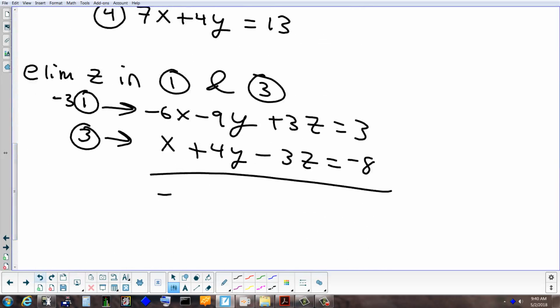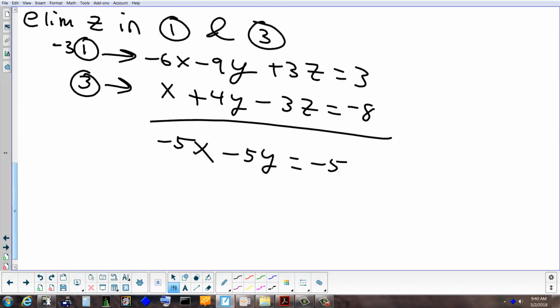Okay. So add them up. Negative 5x. Negative 9y plus 4y gives me negative 5y equals, and then 3 minus 8, negative 5. Now, if we wanted, we can call that equation 5, or actually we can write a simpler version of it.